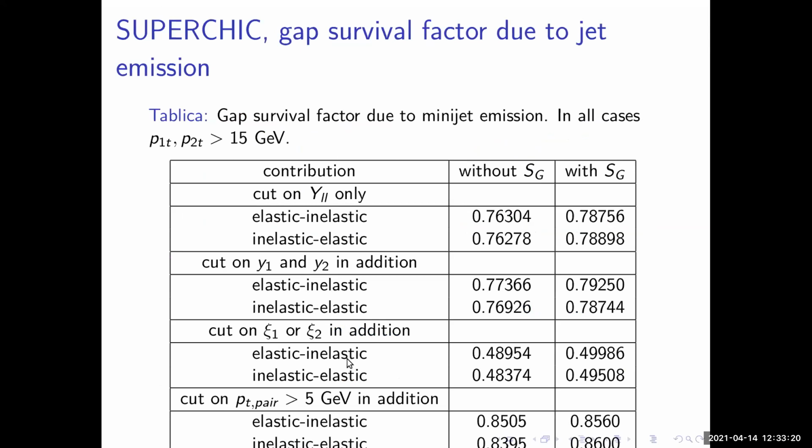You can see that there is an additional cut when we put cuts on xi1 or xi2: an extra survival factor, which is 0.49, due to the fact that the jet is going to the main detector and I can use a veto. This kind of gap survival, which is in addition to the soft gap survival, is much smaller when the cuts are imposed compared to the case when cuts are not imposed.